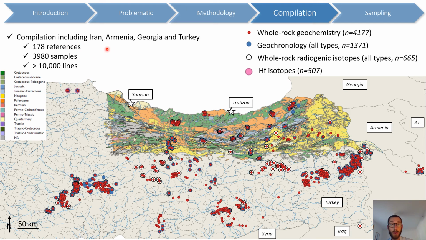I have almost 180 references, almost 4,000 samples, and over 10,000 lines in the compilation. We have a lot of information about rock geochemistry and geochronology, but the radiogenic isotopes and oxygen isotopes are a bit more rare, so we still need this kind of data to be integrated into the compilation.